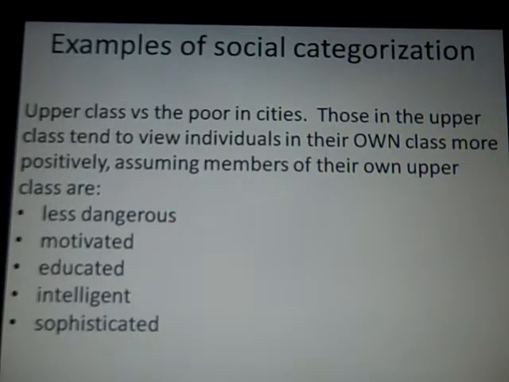Those in the upper class tend to view individuals in their own class more positively, assuming members of their own upper class are less dangerous, motivated, educated, intelligent, and sophisticated. And again, that may or may not be the case, but people within their own group tend to view themselves more positively and those outside of their group more negatively.